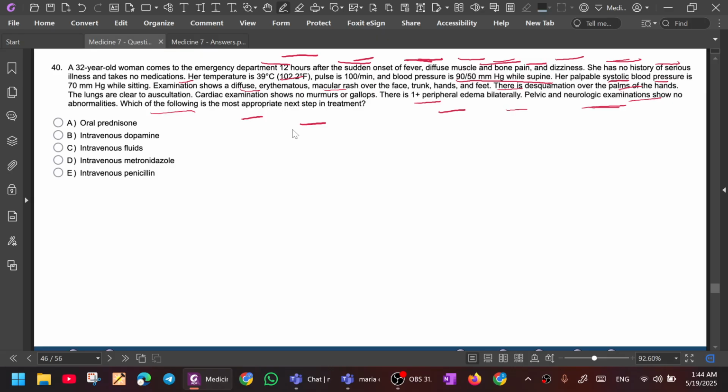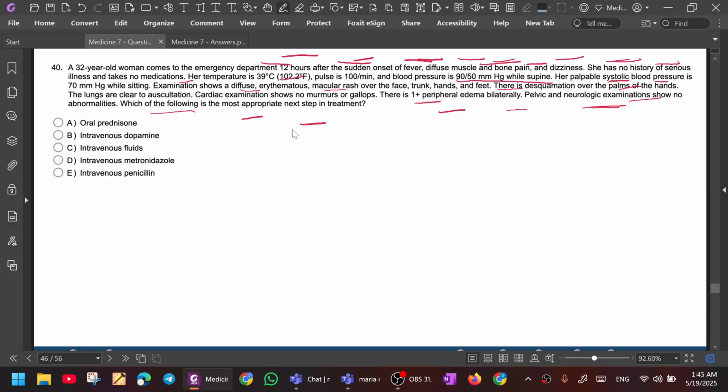Wait, what is happening? Low BP, temperature, she has some kind of palpable systolic problem, desquamation on the palms. Is it a thyroid problem? I thought it was some kind of septic shock. Where is the hypotension?